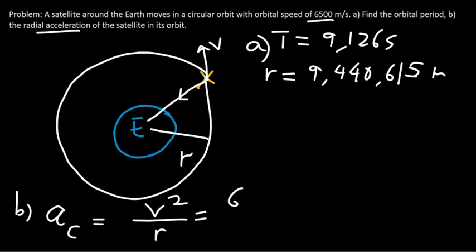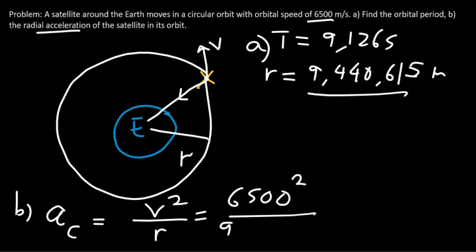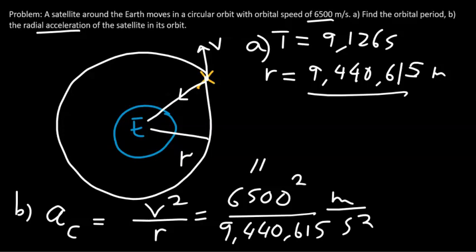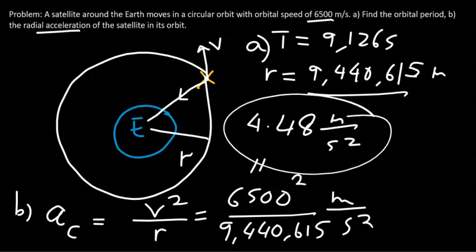So v is 6,500 meters per second, square that, over little r, which you have found before, 9,440,615 meters, and that's going to give you the answer in meters per second squared. And when you calculate, you'll get 4.48 meters per second squared. And that solves the problem.